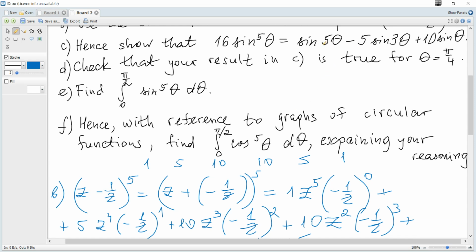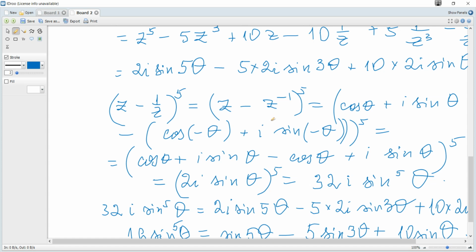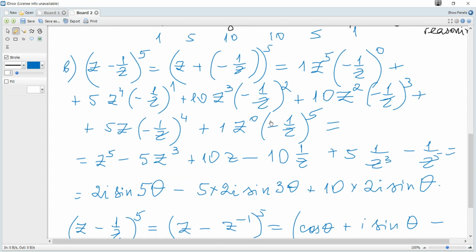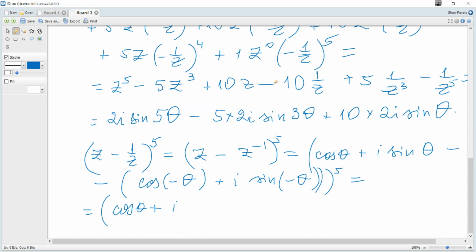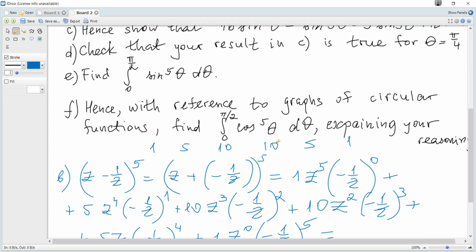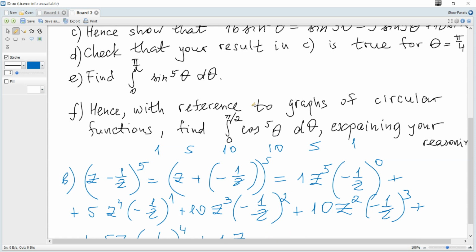So definitely we should substitute this, and it becomes 1. So sine to the power of 5, it's what? It's just 1 over 16. We can write it in front of our integral.